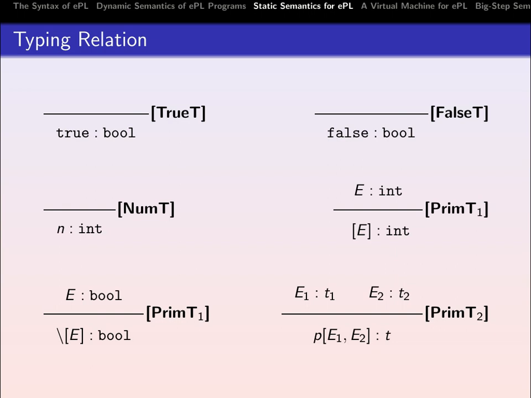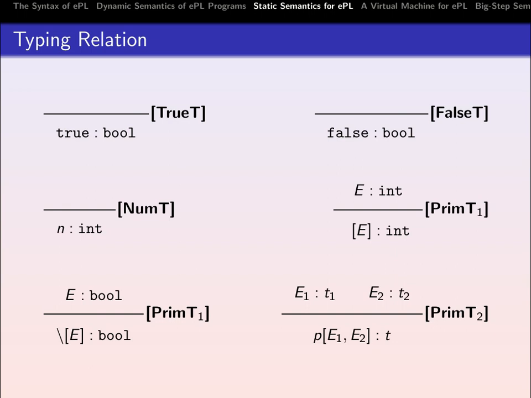If E has type int, then P1E, so this rule right here, sorry, I don't want to scribble again. In front of here is a P1. P1E is int.